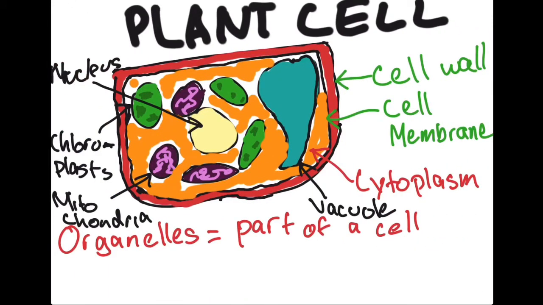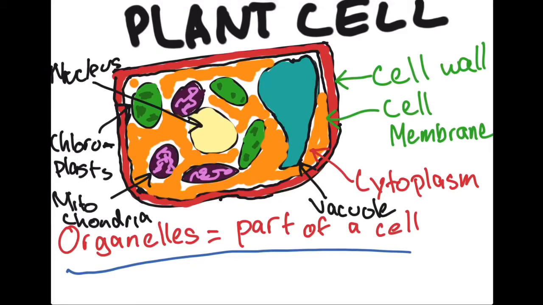So now let's start with the plant cell. I went ahead and labeled all of these, but I'm going to explain what they do and why they're here. So the first thing to note is this word right here called organelles.